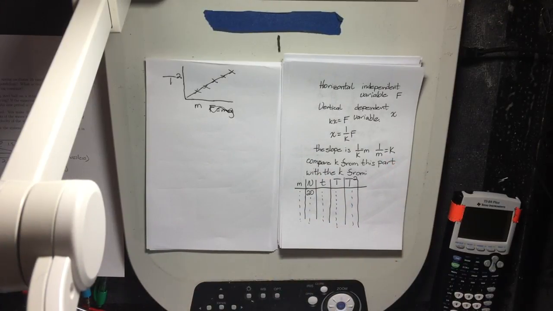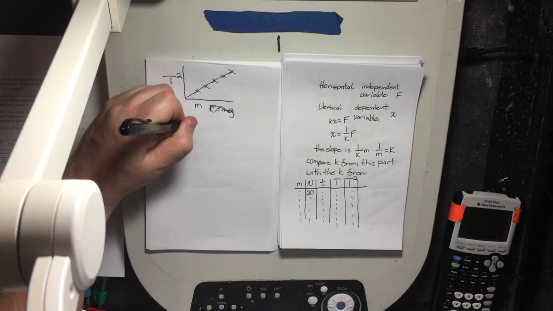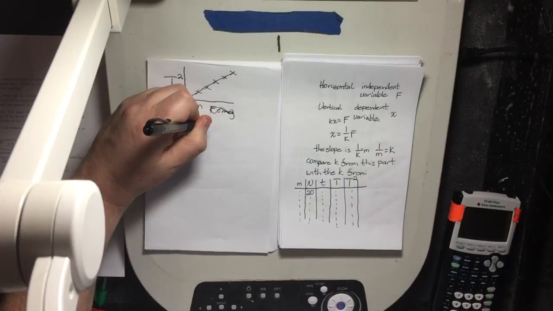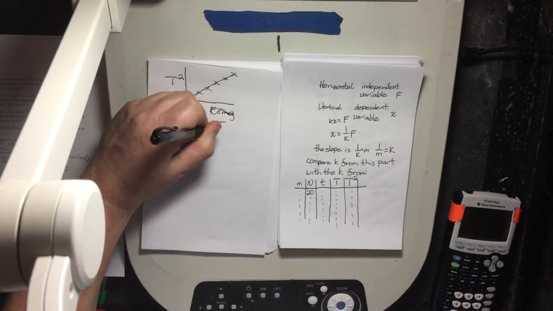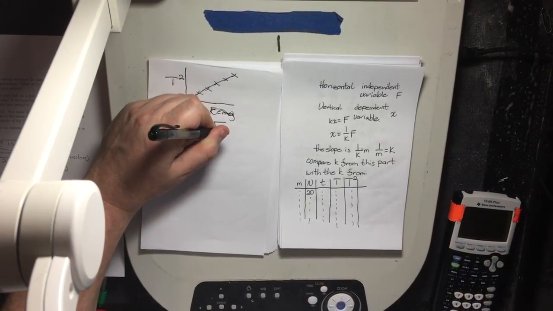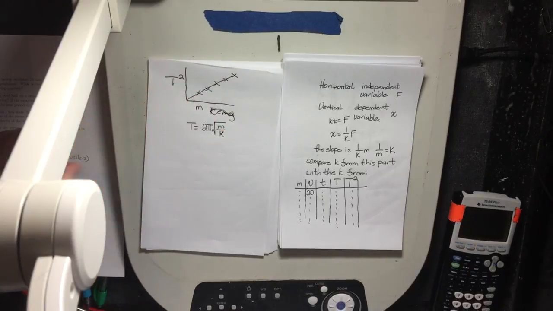So why period squared? Well, period is 2 pi square root of m over k. If you double m, you don't quite double period.